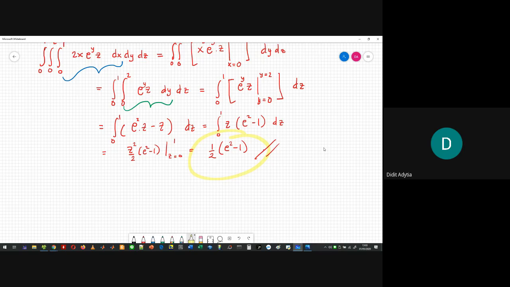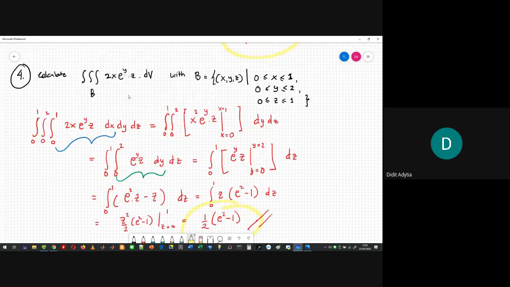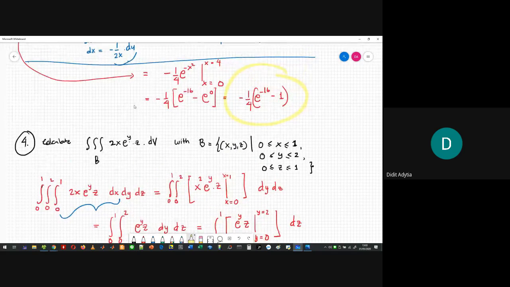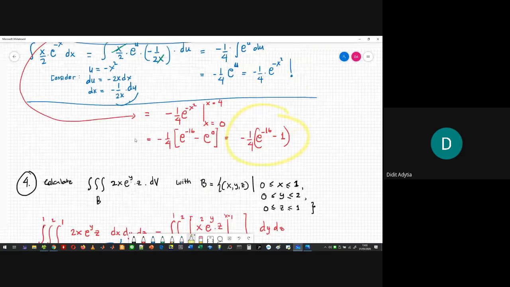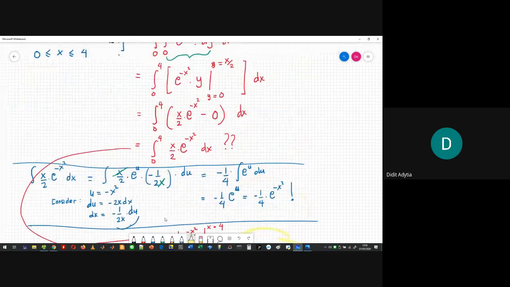Okay, I would like to share the idea with you so that you can do the exercises yourself for the examinations. Basically what you need to remember is the idea itself. It's not really the numbers, but the ideas of these techniques of integration, especially for double integral and triple integral.